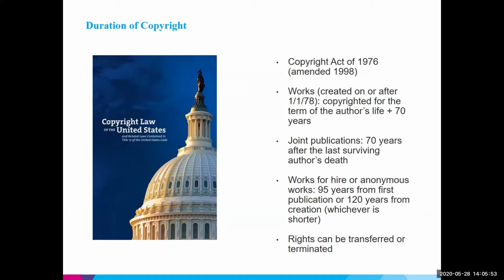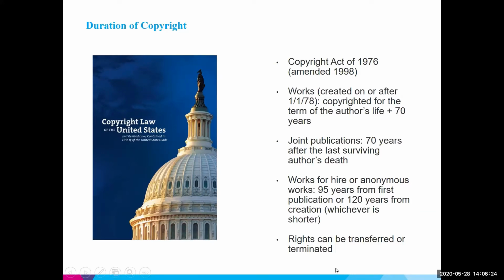When only some rights within that bundle of rights are transferred, then that's called a license. And we're going to talk about licenses more in depth in a few minutes. But what you should know now is that there are exclusive licenses, which means that only the licensee can exercise the rights that are granted by that license. And there are non-exclusive rights, which means that others, including the licensee, can exercise those rights.